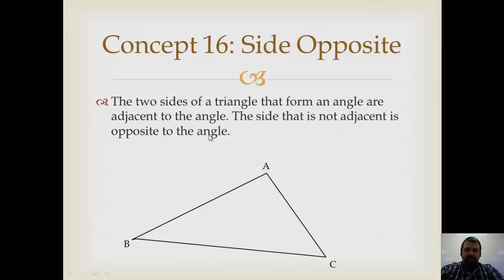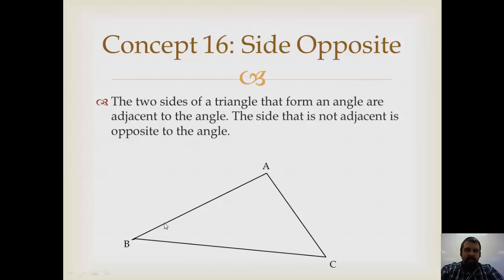The first thing that we need to know is this thing called side opposite. It's something we learned back in chapter 4. The two sides of a triangle that form an angle are called the adjacent sides, or adjacent to the angle. So if I look at segment AB here and segment AC, they form angle A here at the top.